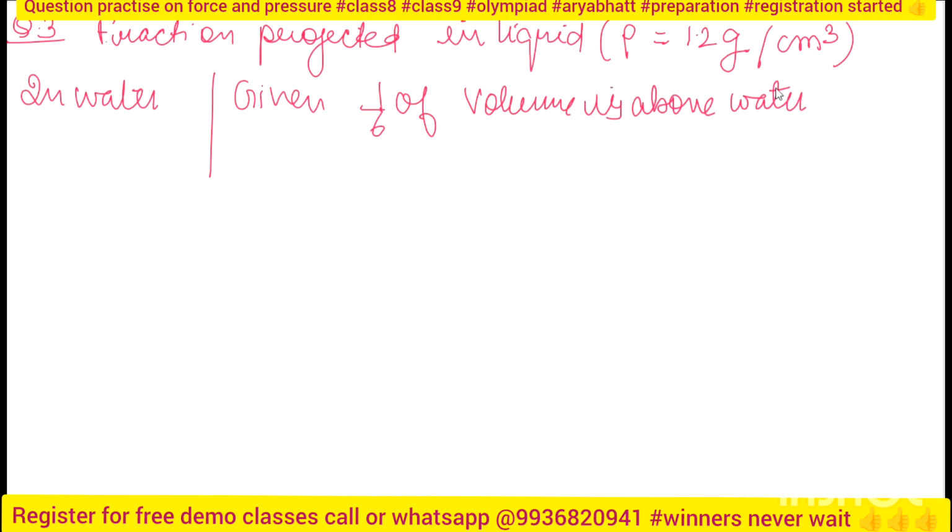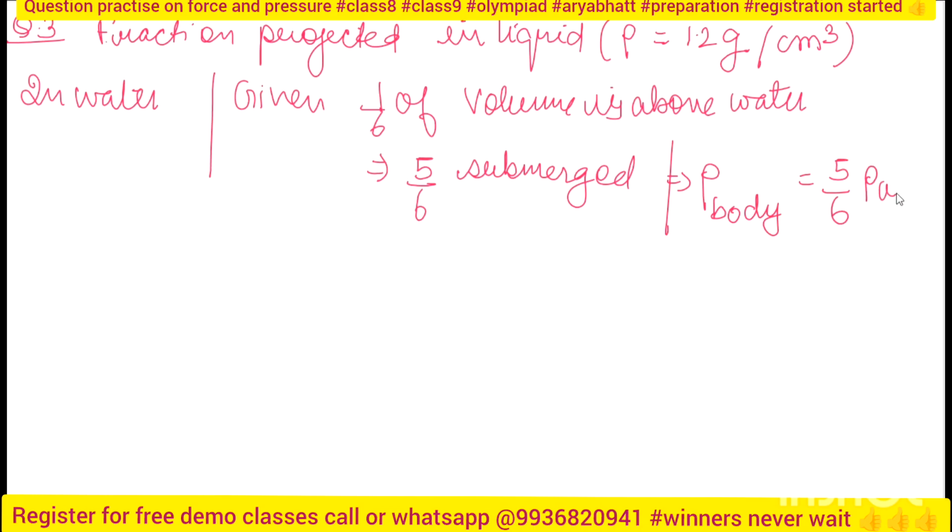This directly implies that 5/6 of the volume is submerged when 1/6 is upside. So I can say that rho of body is 5/6 of rho of water.